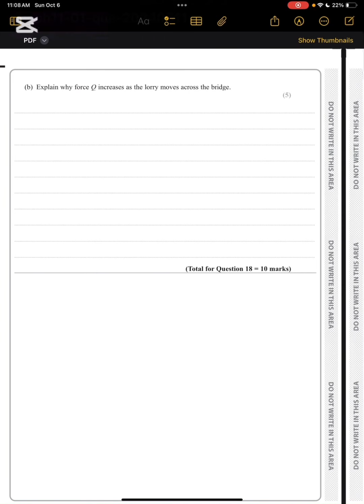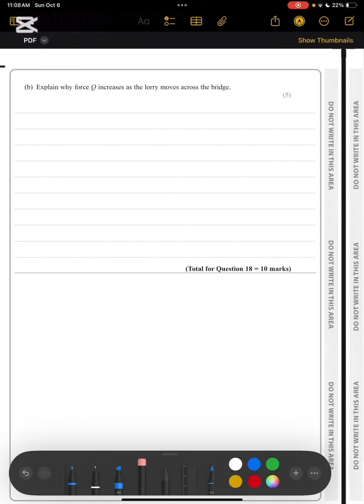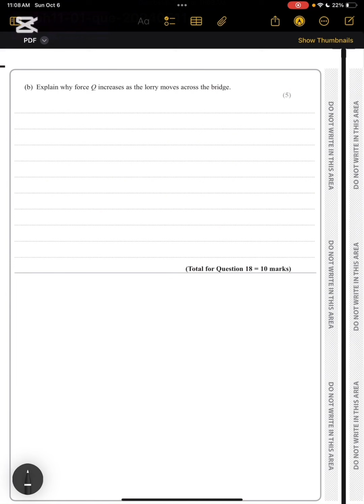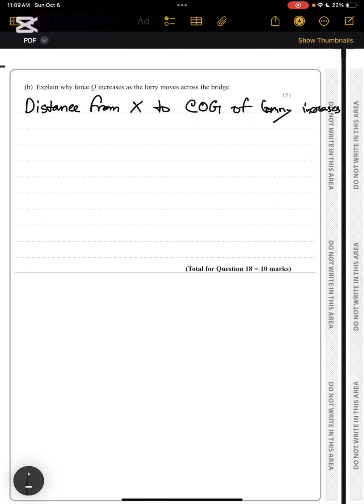The answer will be: the center of gravity of the lorry increases.